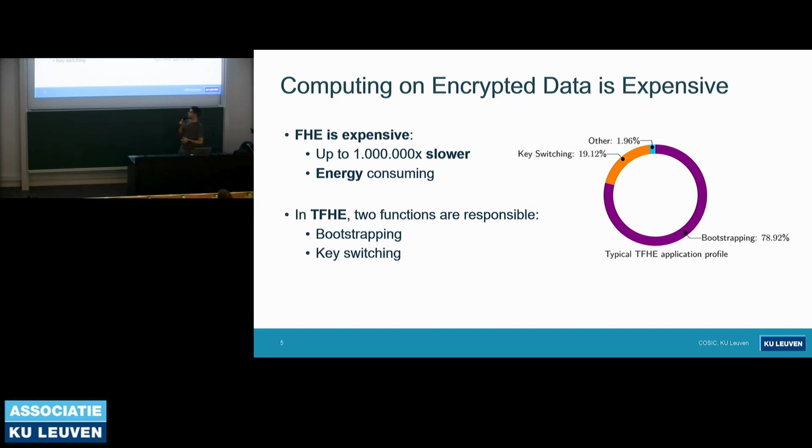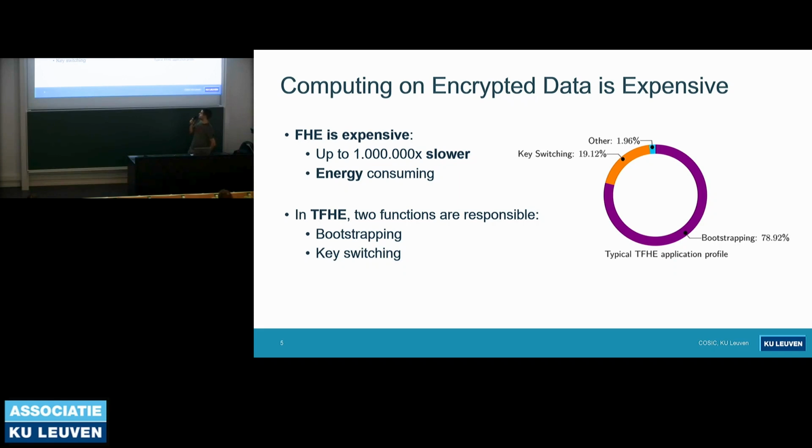Looking at the Torus fully homomorphic encryption scheme in particular, a typical application profile is shown on the right. We see that this increase in computation cost is mostly attributed to two functions only: the bootstrapping function and the key switching function. So whenever we do computations in TFHE, the majority of the computation time is taken by bootstrapping and key switching.